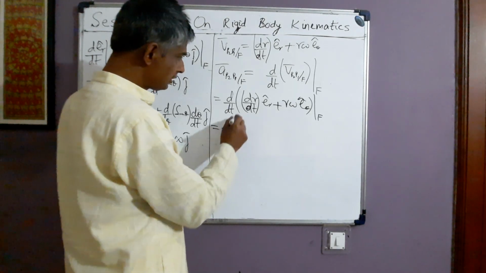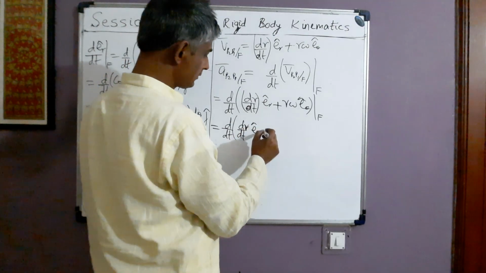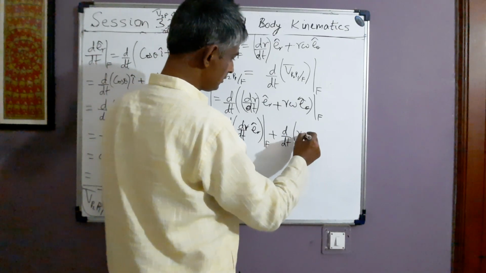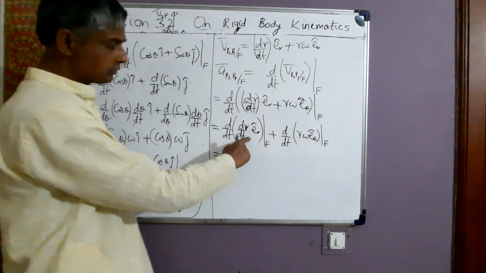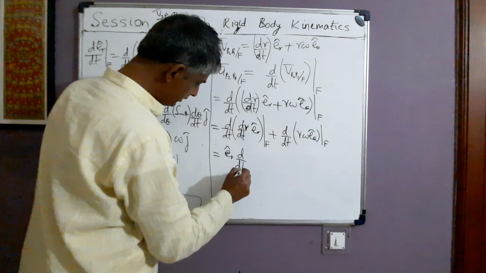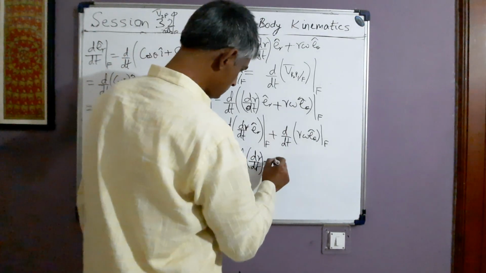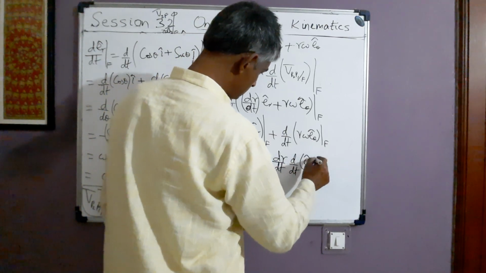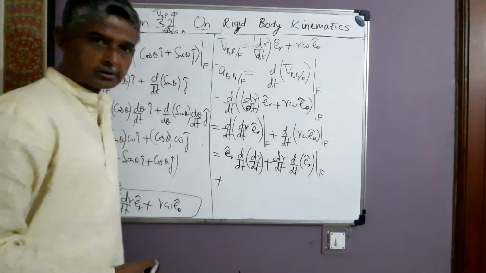So d by dt of dr/dt into e_r hat in frame F plus d by dt of r omega e_theta hat in frame F. On this I differentiate using the product rule of calculus. So this becomes e_r hat into d by dt of dr/dt plus dr/dt into d by dt of e_r hat in frame F. This also I differentiate using the product rule.